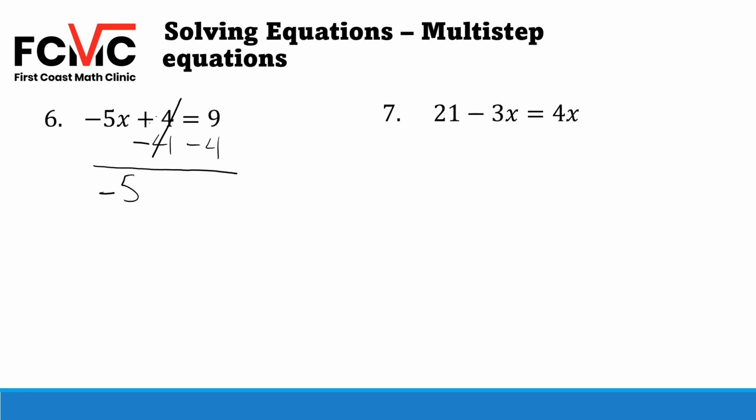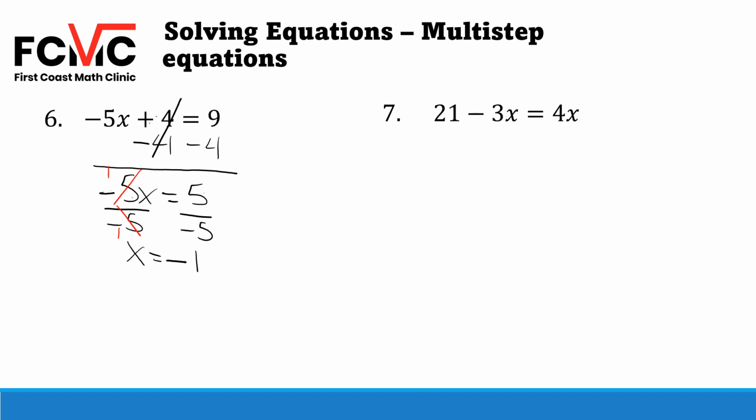So I get -5x equals 5. Now I'm multiplying -5 times x, so let's undo multiplying and divide by -5. -5 divided by -5 is 1 and 1. So I get x equals 5 divided by -5. Multiplying or dividing opposite signs gives us a negative. And we get -1 here.